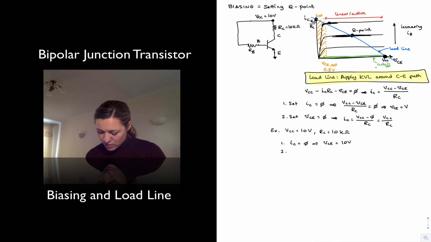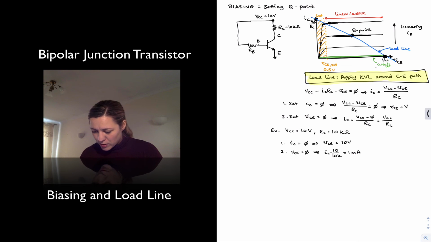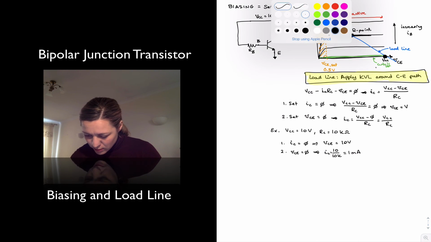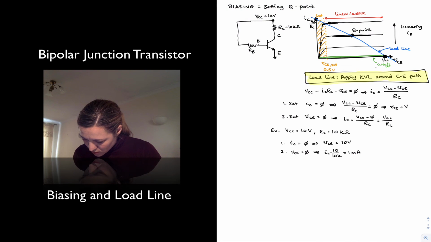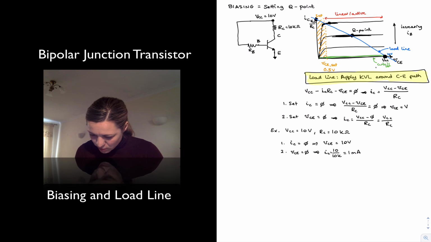And in the second one, we have VCE is equal to 0, implying IC is equal to VCC divided by RC, which is 10 divided by 10K, or equal to 1 milliamp. So this point here will be 10 volts in our example, and this will be 1 milliamp.